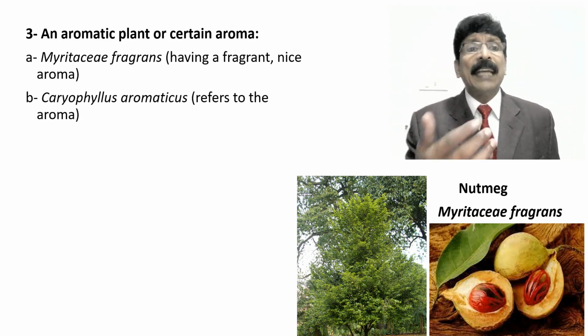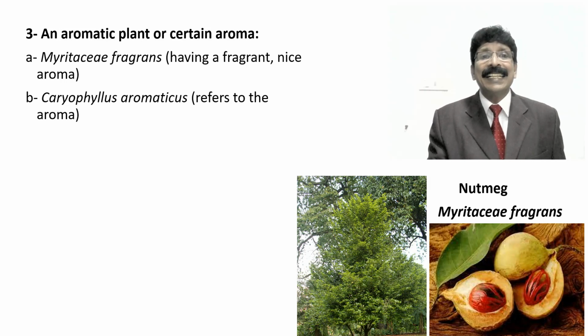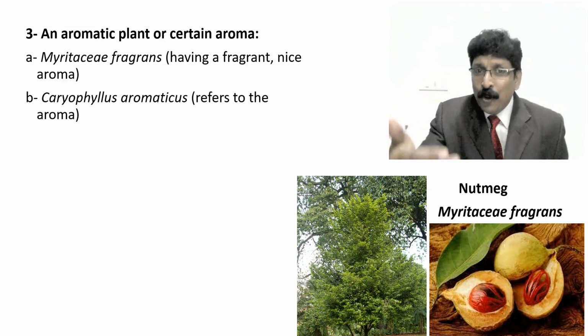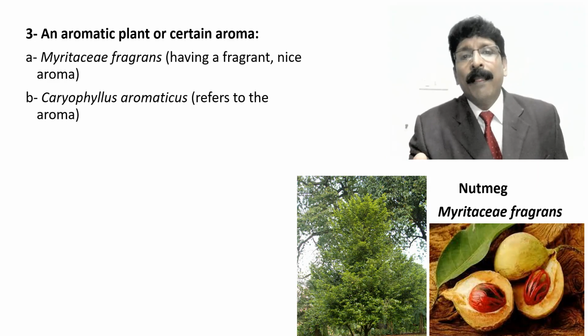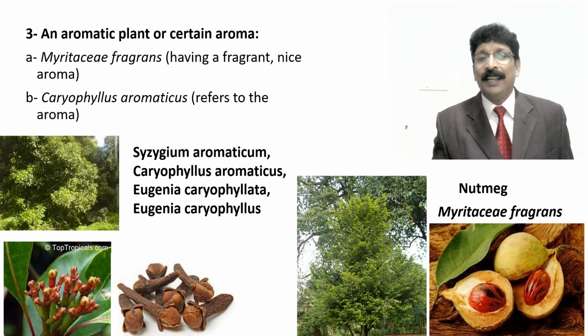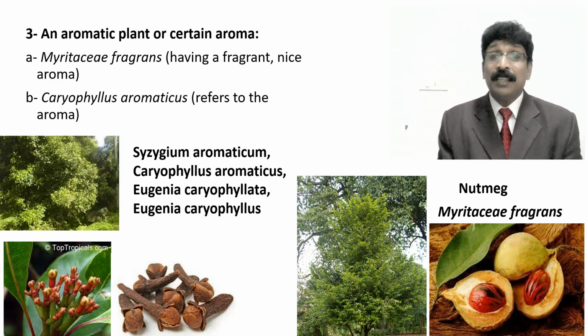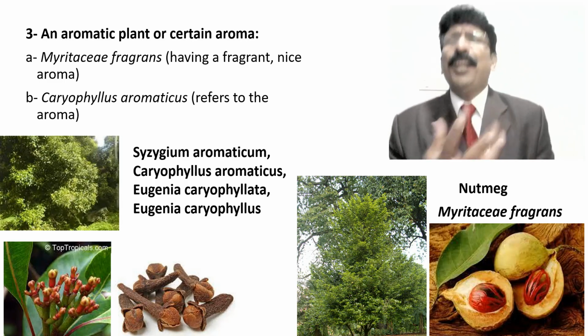The next example is Caryophyllus aromaticus. Caryophyllus aromaticus is a name referring to the aroma. We know this as clove. It has many other names also. Aromaticus means having very good aroma. Clove.